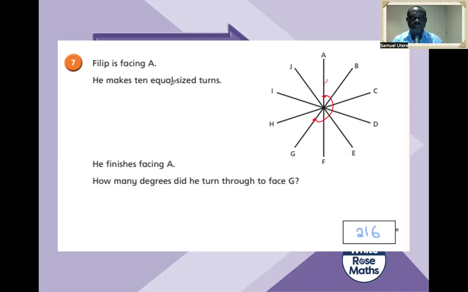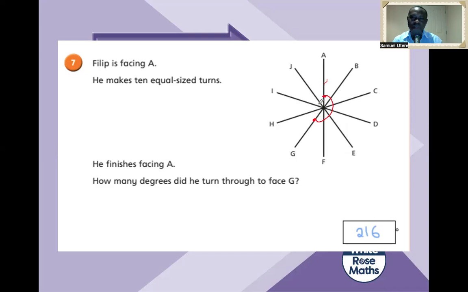So he makes 10 equal sized turns. When we say 10 equal sized turns, and then he's now facing G, remember those turns could be very little turns that he made to get to that point. So the way to find out what turn he has made from A to G is to do 360 minus whatever is left on the other side there.